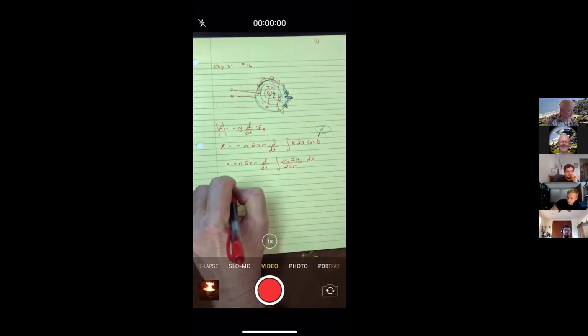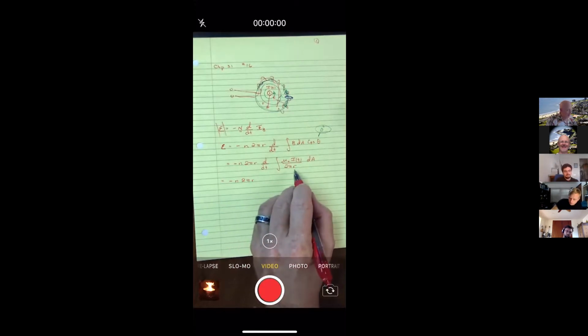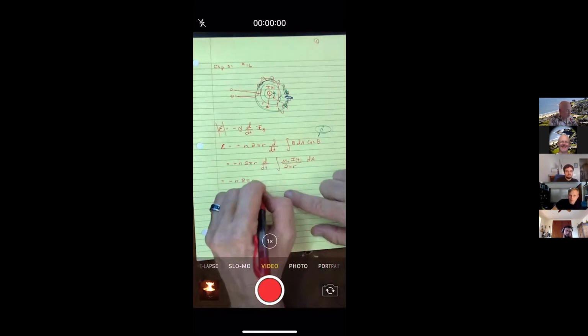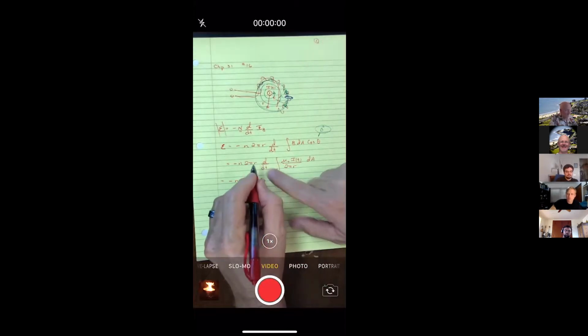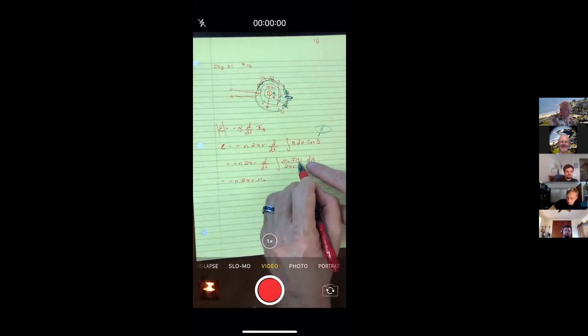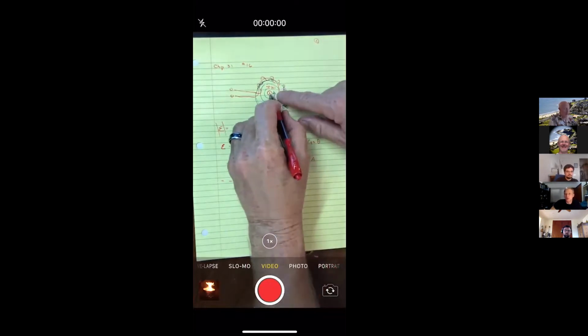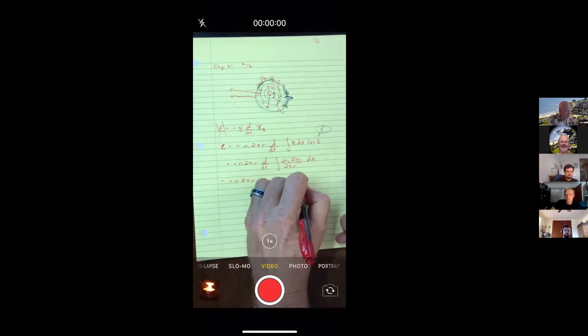And then, of course, like all of our calculus, it's kind of nice to look at things like mu naught doesn't change with space, so I can pull it in front of this integral, but it also doesn't change with time, so I can pull it in front of the derivative. Now the current doesn't change in space, because it's the same all the way through the wire, but it does change with time.